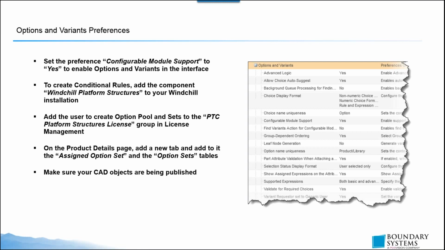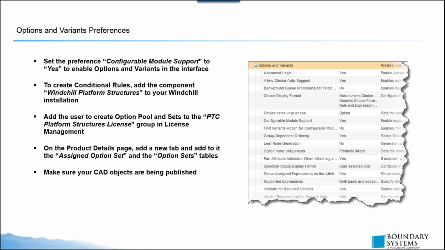In order to create conditional rules, and this is something I'll demonstrate as part of the demonstration today, it is not part of the out-of-the-box embedded options and variant functionality as part of PDM link. To create conditional rules, you have to install or add on Windchill platform structures to your Windchill installation. So you have to run basically the Windchill installer and add this particular module.